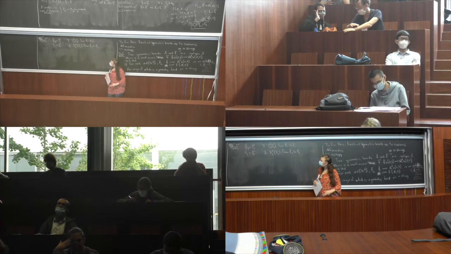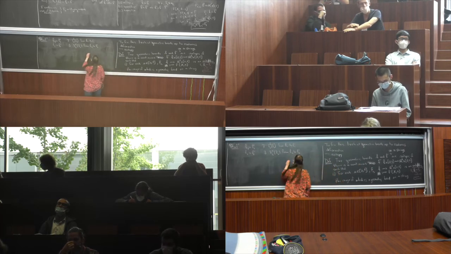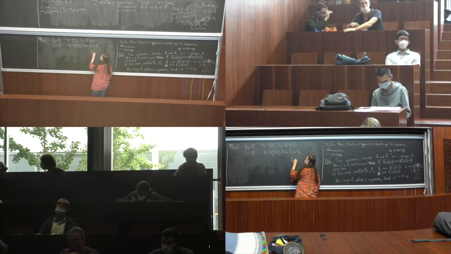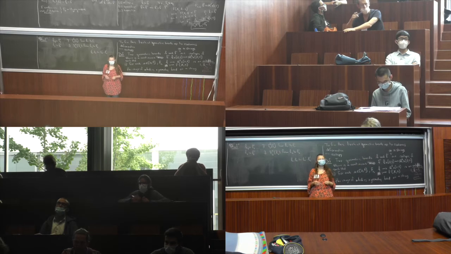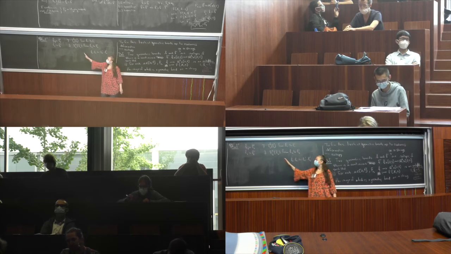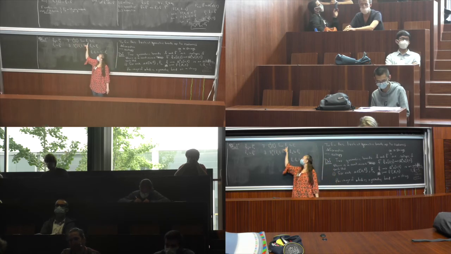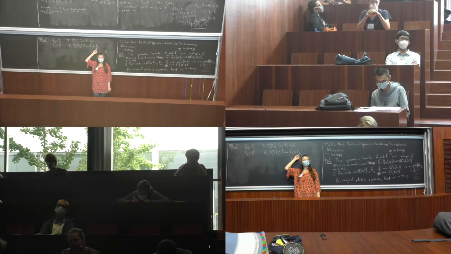What's your guess for a family between B1, B2 to B1 prime, B2 prime, built out of this? I have a family of geometric braids between B1 and B1 prime, a family of geometric braids between B2 and B2 prime.